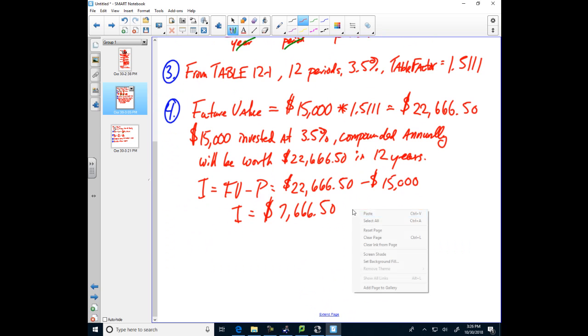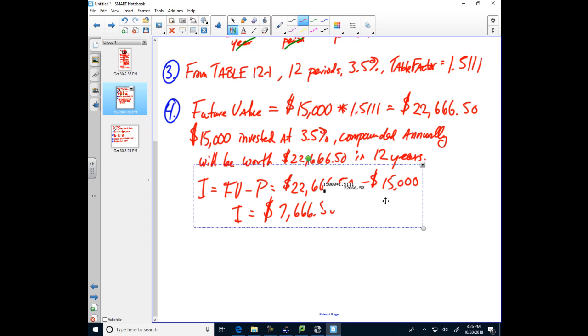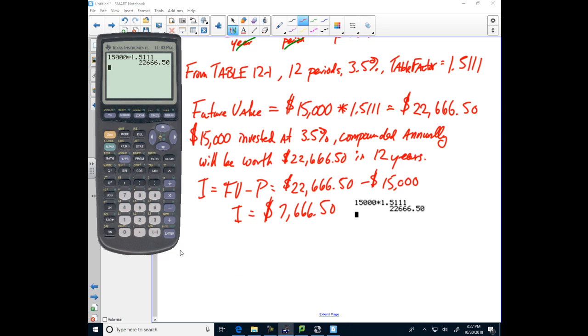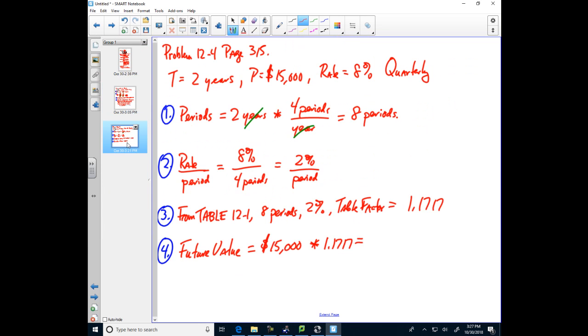So do we need to print out this table? For tests? That's a good question. I guess we need to figure out how many people have books and how many people don't. If you have a book, it's in there.